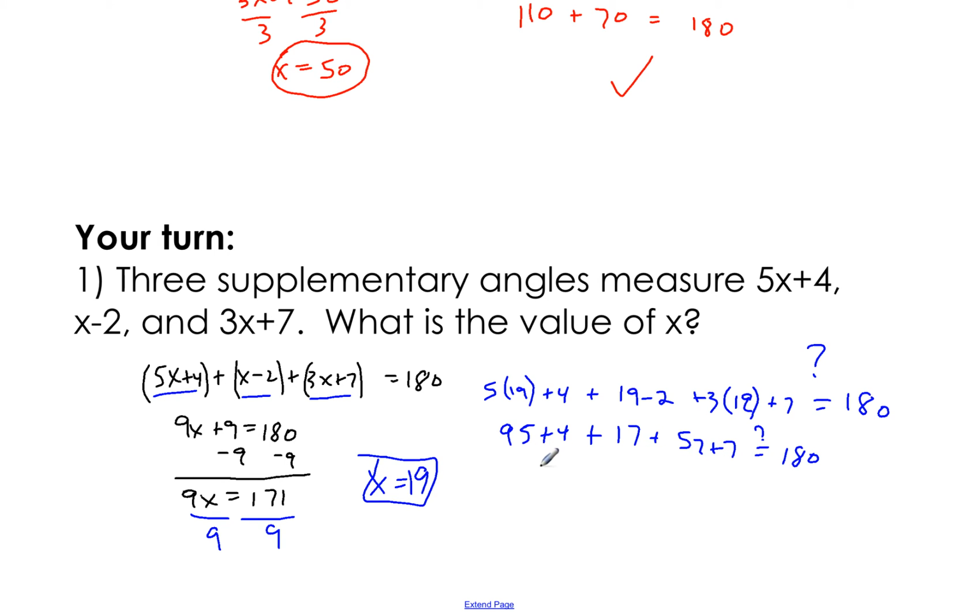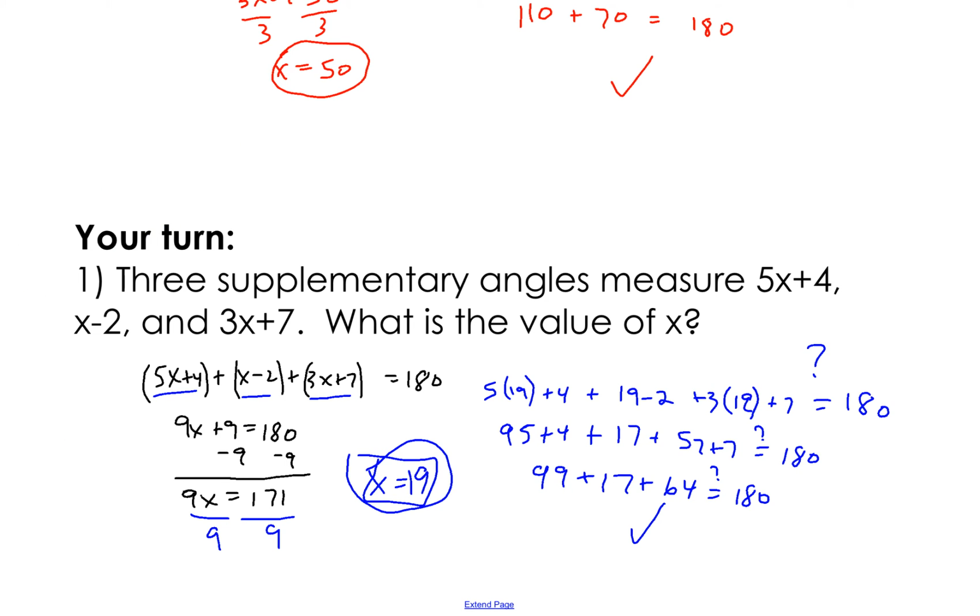So I've got 99 plus 17 plus 64. Is this equal to 180? And well, we see that 99 plus 17 plus 64 does equal 180, so this definitely works, and therefore this is our answer. X is equal to 19.